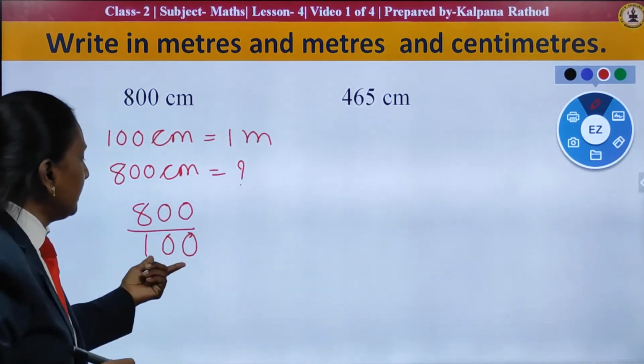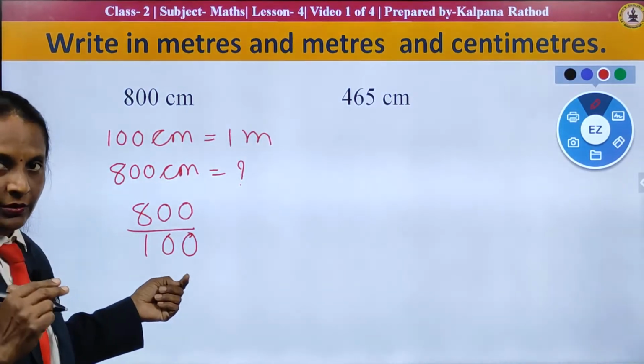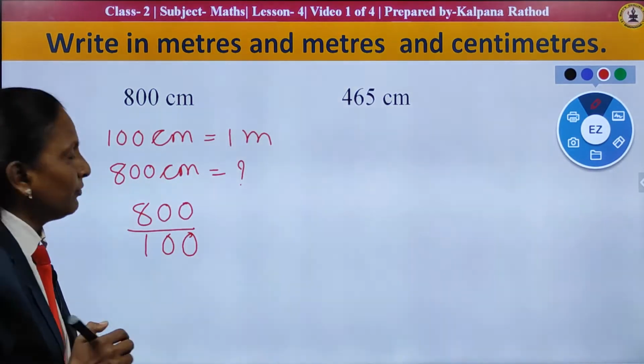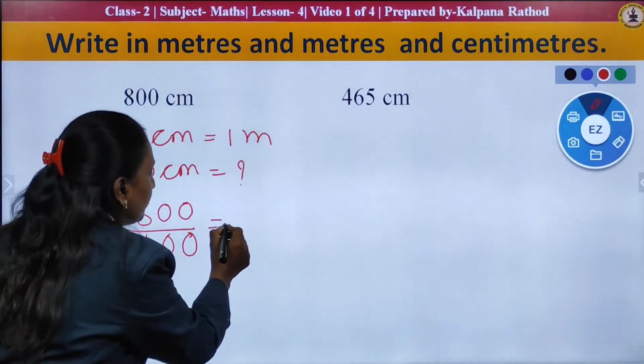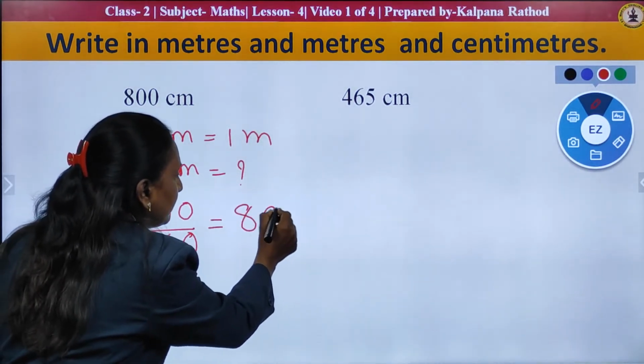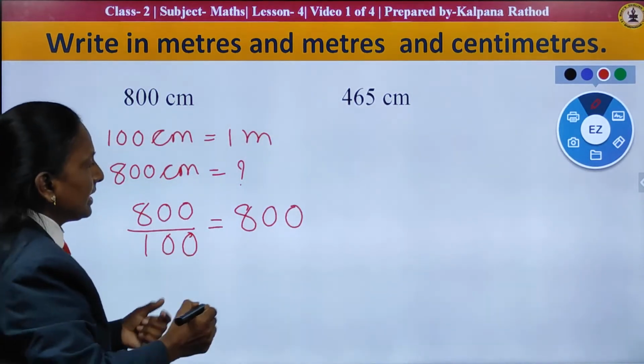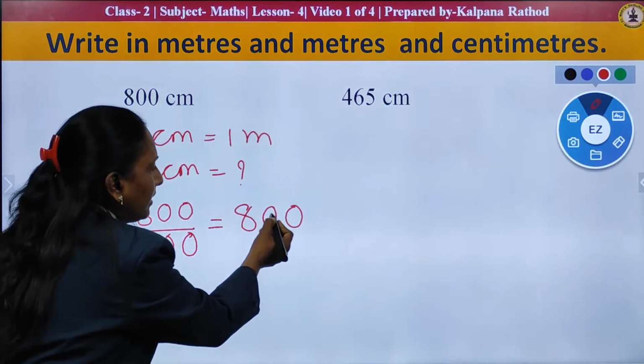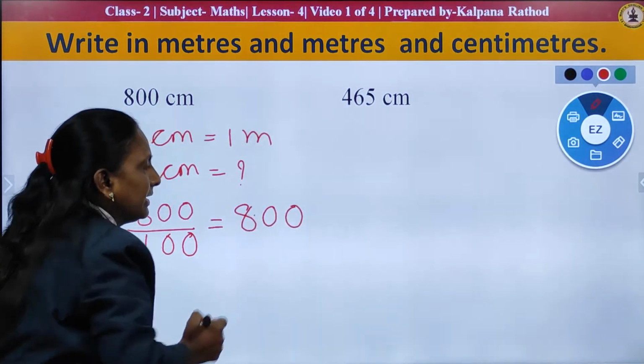So here see children, in 100 we have 2 zeros. So in 800, after 2 numbers we will put one decimal point. So from the back side we will count 2 numbers: 1, 2, and then we will put one decimal point.